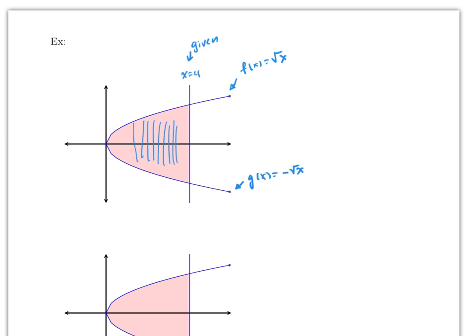So in this particular case, the area will be the integral from 0 to 4 of the upper function minus the lower function. So notice that this is just the integral from 0 to 4 of twice the square root of x dx, which will be 2.